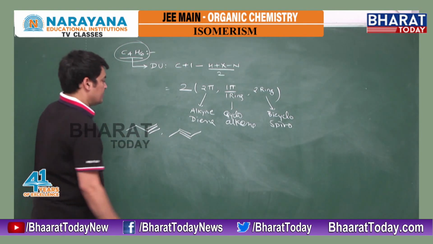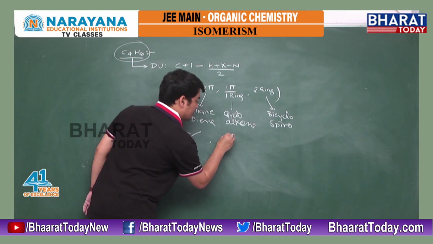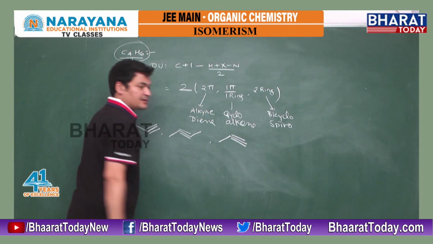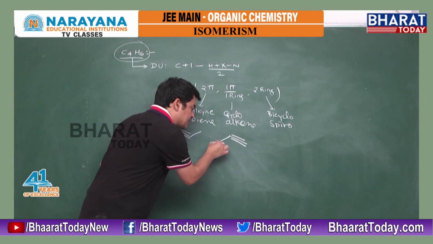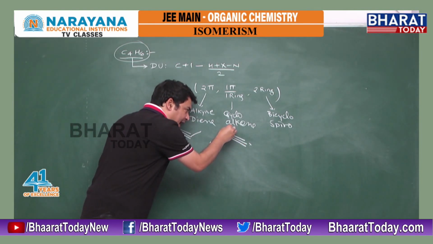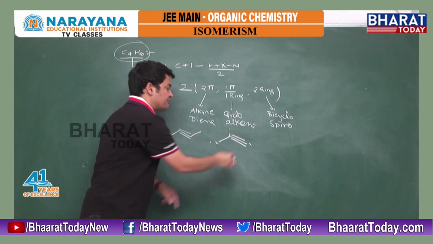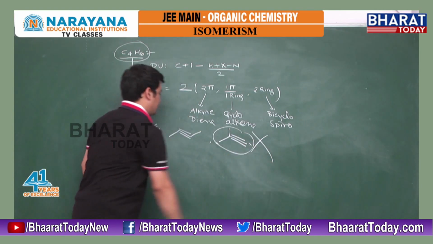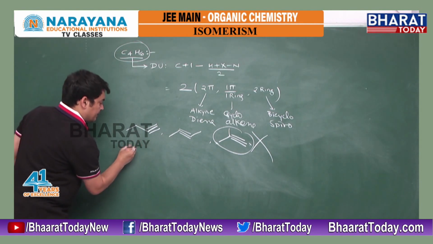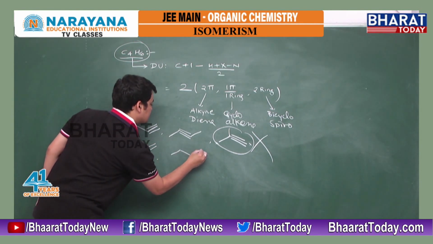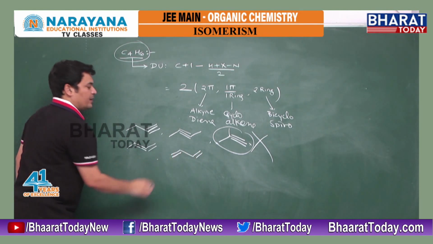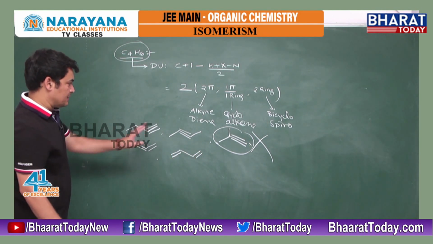If you want to write chain isomerism, you can't, because 1 carbon is in my hand. Never do branching on terminals, or here I cannot place it because carbon valency will become 5, so that's a wrong one. Now diene, both double bonds separate, 1 here and 1 here. That is the only possibility.